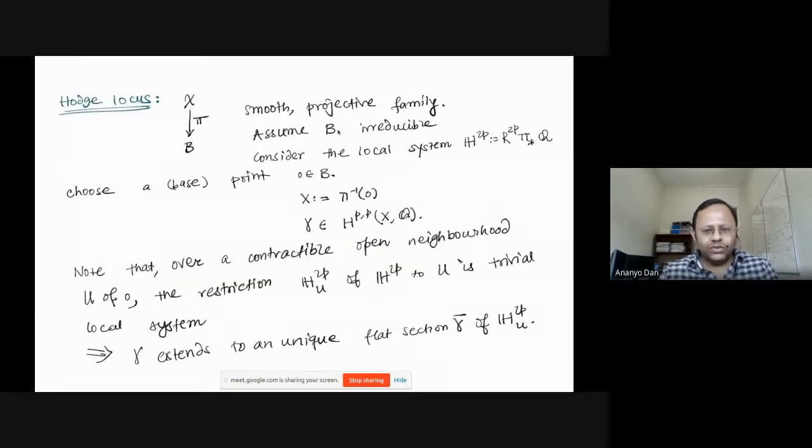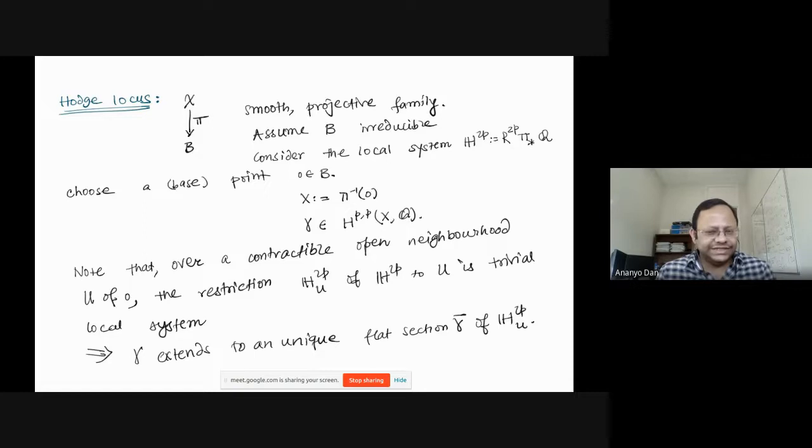This local system is on the rational cohomology, so when I evaluate at a point in U, I will get a value in the 2pth cohomology of that point with rational coefficients.